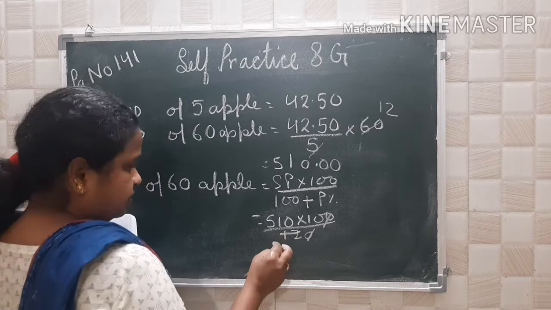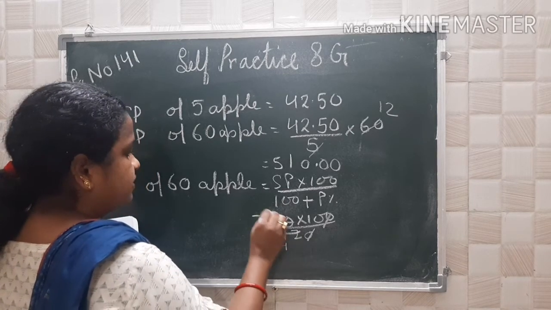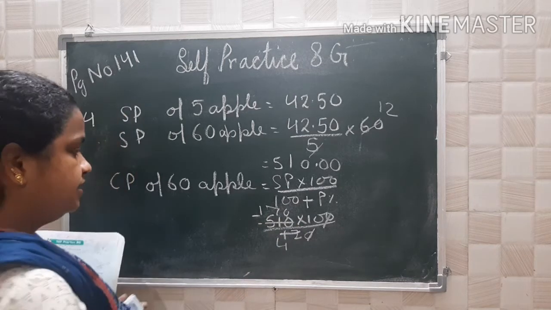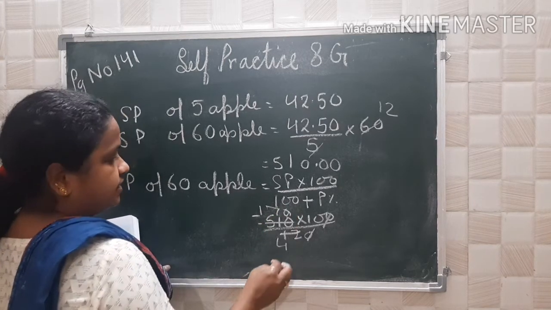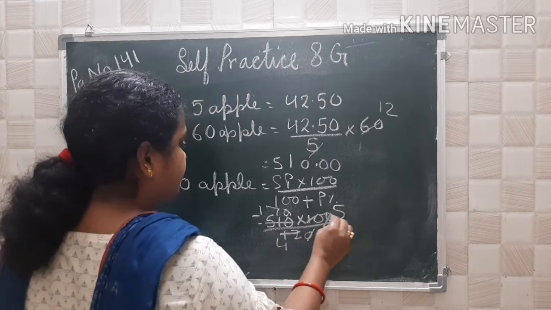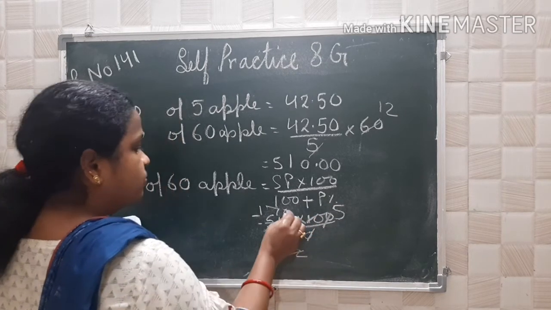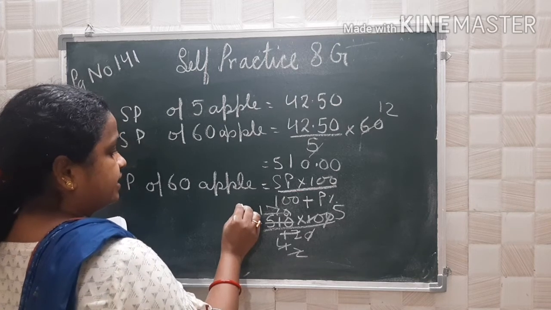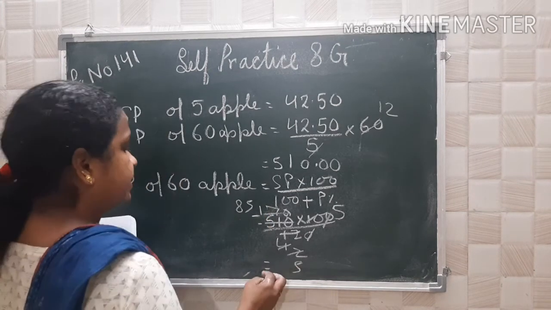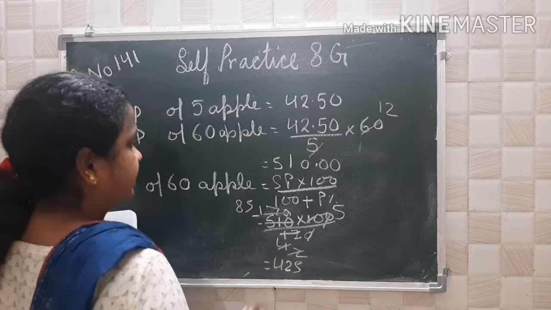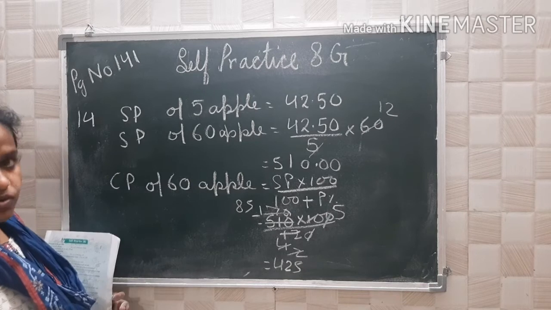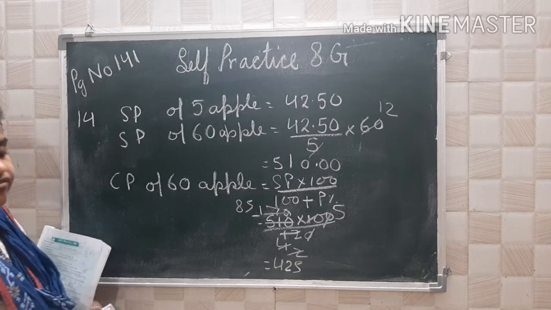Working through the multiplication and division, at that rate the cost will be rupees 425.